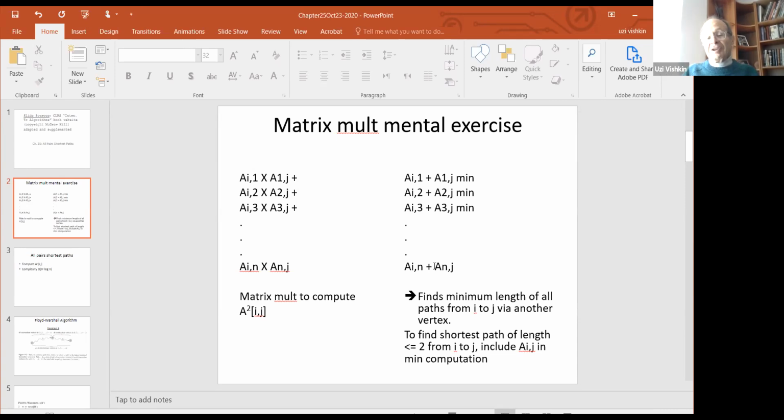If I know the distance from i to a middle point, which is up to 2 away, and from that middle point to j, which is also at most 2 away, in order to consider all the paths of length up to 4, I need to go to a middle point which is up to 2 away, and from that middle point up to 2 to the other one. And that's exactly what I compute when I do A to the power of 2 squared.